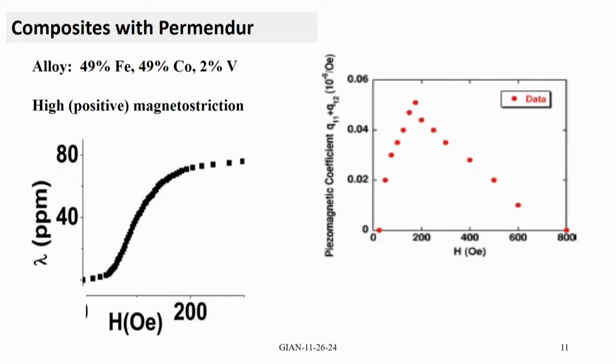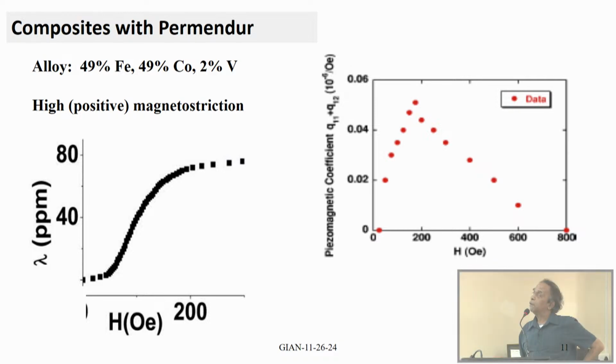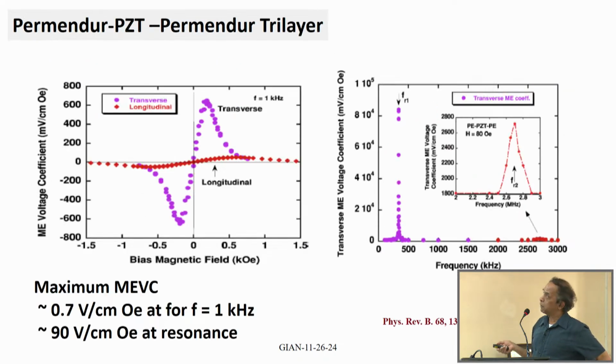So permandur is an alloy of iron, cobalt, and a very small amount of vanadium. It has high permeability and high magnetostriction. The magnetostriction is positive, and this is the piezomagnetic coefficient for in-plane magnetic fields. It's quite good, on the order of 0.05 times 10 power minus 6. And when you make the composite, it's probably as good as nickel.